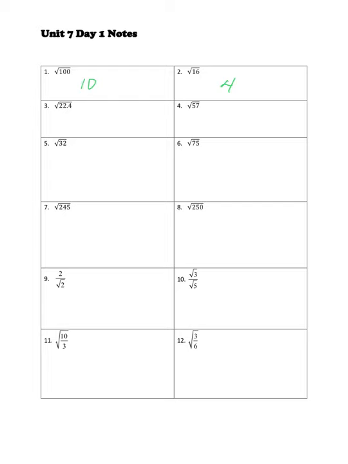All right, the square root of 22.4, well, goodness gracious, I'm going to do that in a calculator. Square root of 22.4. And I'm going to give you a little note here. I didn't give it to you. Round to nearest hundredth.